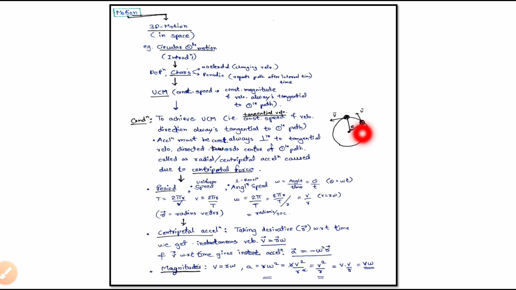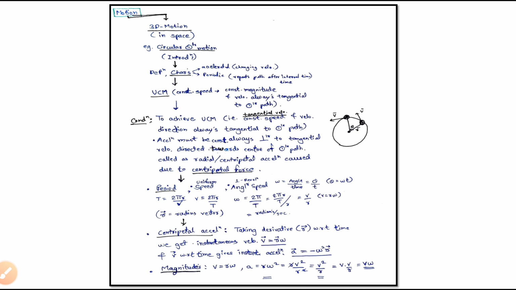So this tangential velocity is maintained by centripetal acceleration, which is provided by the centripetal force. The centripetal acceleration is perpendicular to this tangential velocity and directed towards the center of the circle, opposite to the direction of the radius vector, which is responsible for this circular motion.